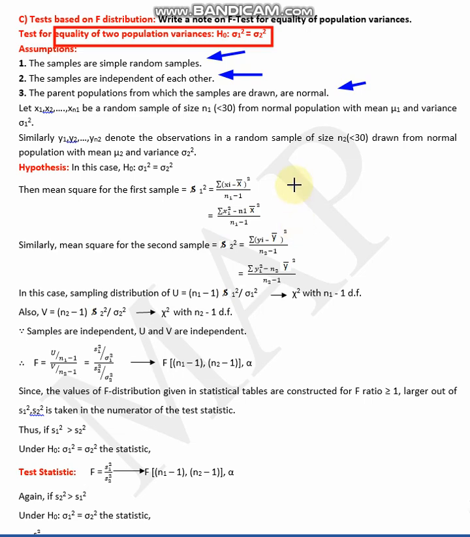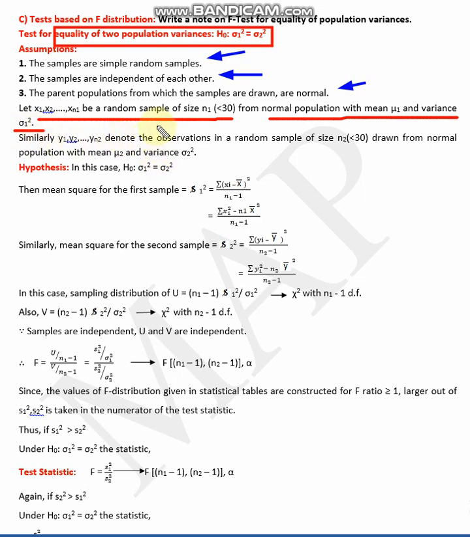So there are two samples, and we need to test the equality of these two population variances. Suppose x1, x2 up to xn1 is a random sample of size n1 from a normal population with mean mu1 and variance sigma 1 square.